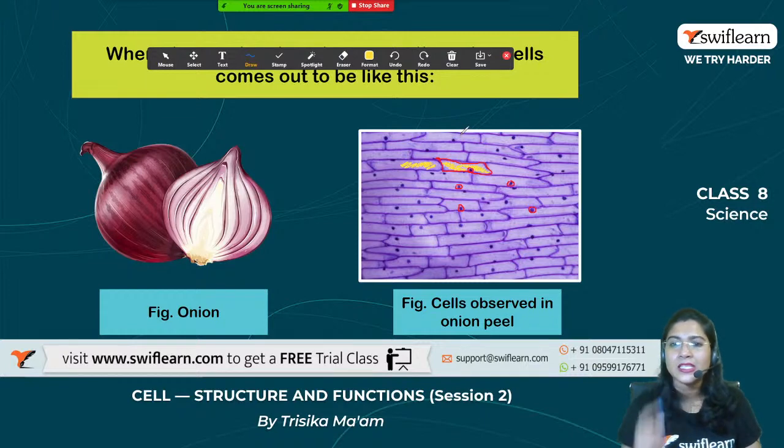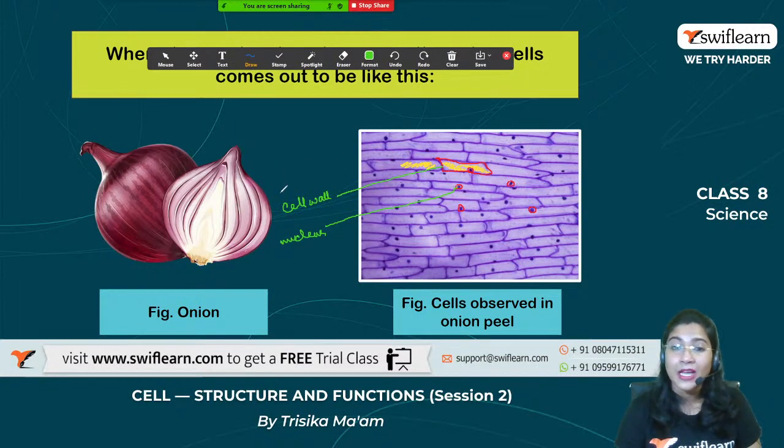Yes, we will mainly discuss these parts in today's session. Okay, so let me tell you what these are. These dots are the nucleus of the cell. These boundaries are actually the cell wall, as it is the onion peel.